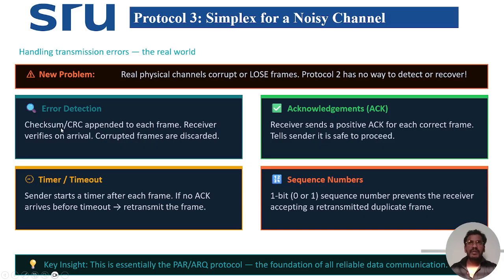In the last lecture, we discussed some error detection techniques like the parity method, the checksum method, and the cyclic redundancy check method. These error detection techniques are used to analyze the data while transferring from one place to another, for reliable data transfer. Here, the checksum and cyclic redundancy check are appended to each frame, the receiver verifies on arrival, and corrupted frames are discarded.